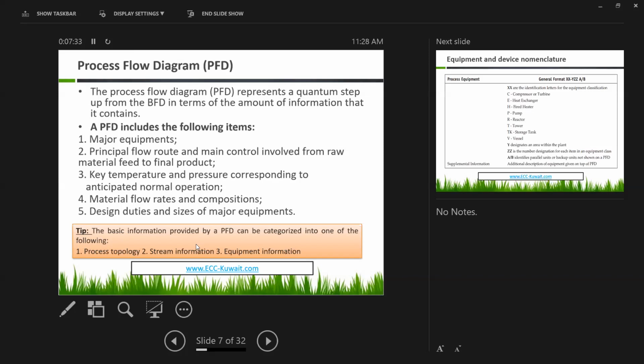And design duties and sizes of major equipment as a table. We can show the material flow rate and design duty basically in tables, okay? At the end of the process flow diagram. You don't have to put everything in the diagram. You can add some tables to discuss everything, okay?